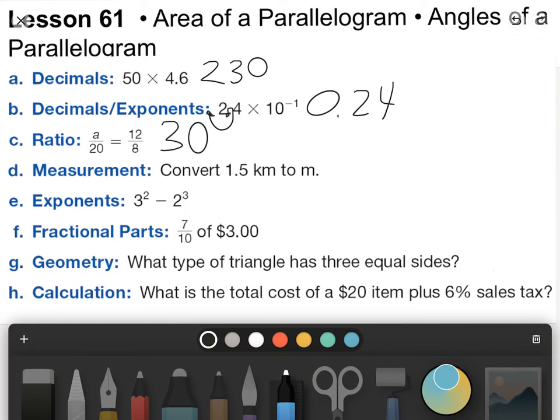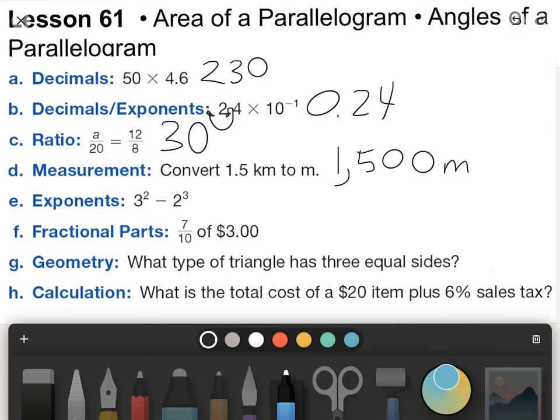Yeah. I did it like, if 12 eighths is basically 1.5. That is definitely the other way to do it. Then, as mentioned, there are 1,000 meters in a kilometer. And so it would be 1,500 meters.